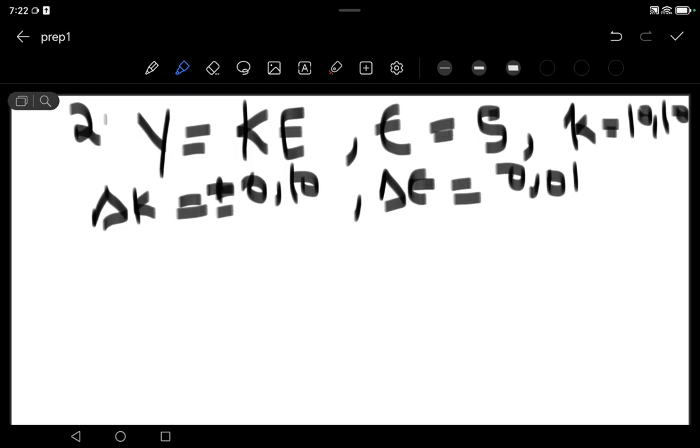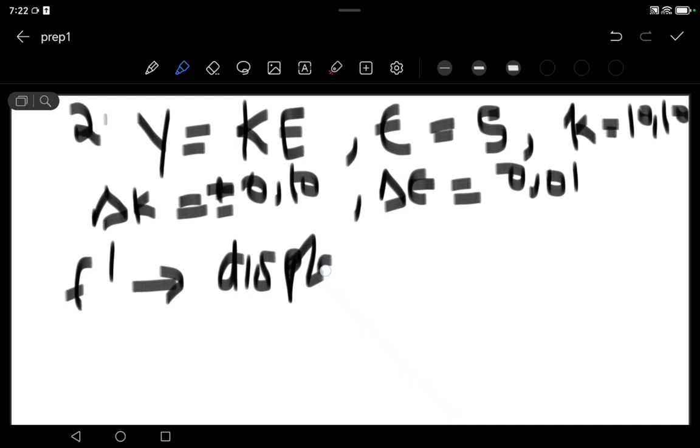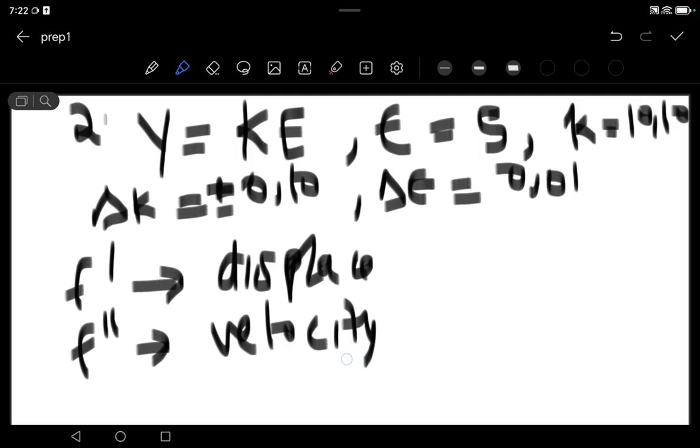In mathematics or physics, the first derivative we call displacement, the second derivative we call velocity, and the third derivative we call acceleration.